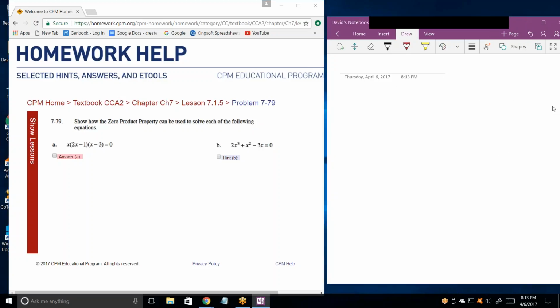Show how the zero product property can be used to solve each of the following. Well, that's not even trig, that's algebra. Yeah, it kind of goes back and forth. Yeah, that's fine. I like that. How do I solve this?